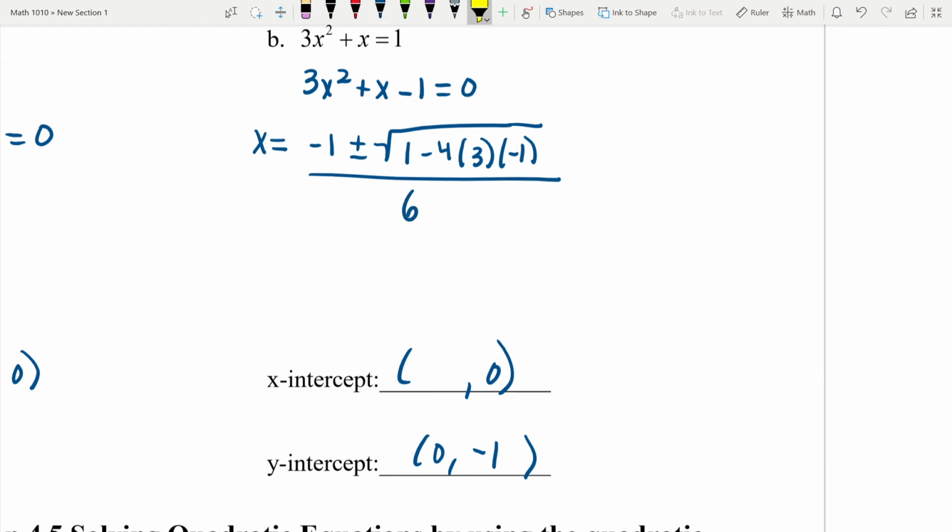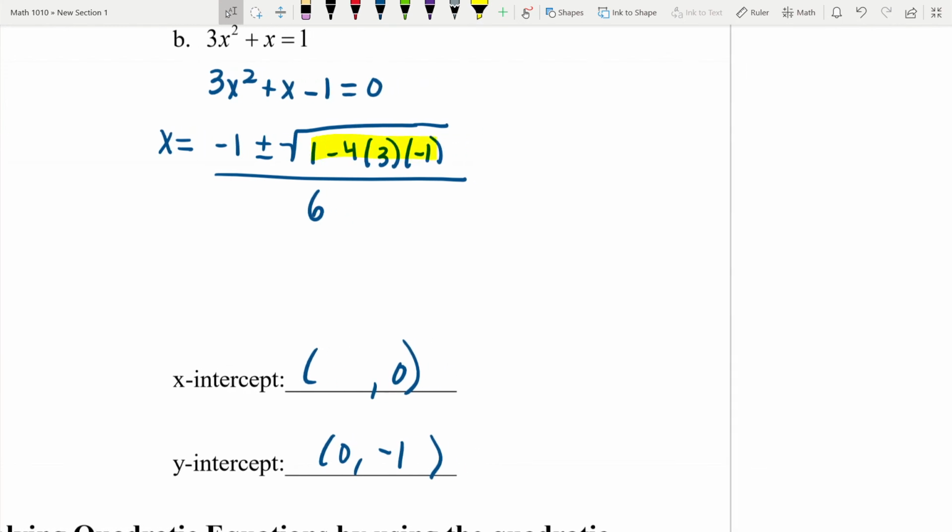Okay, now I'm going to grab my calculator and I'm going to put that thing right there in my calculator, just like I see it. So go 1 minus 4 parenthesis 3, close it, times parenthesis negative 1, close it, enter, and I get 13. So I get x equals negative 1 plus or minus the square root of 13 over 6. Should I write this as a decimal?